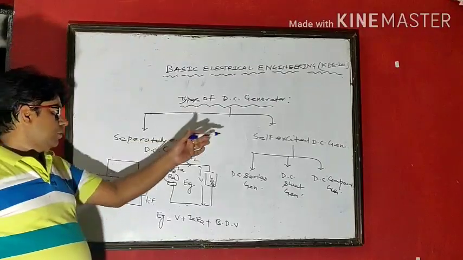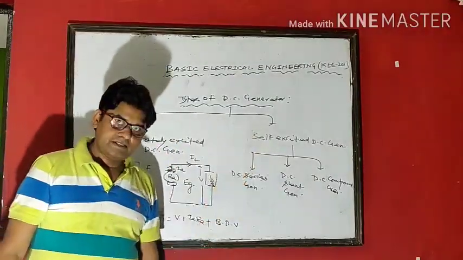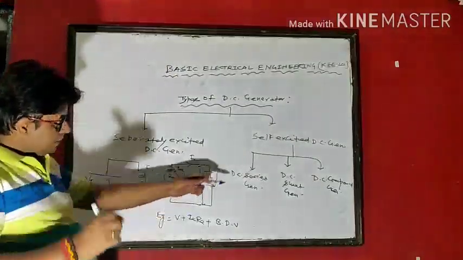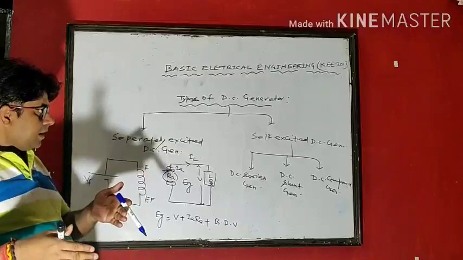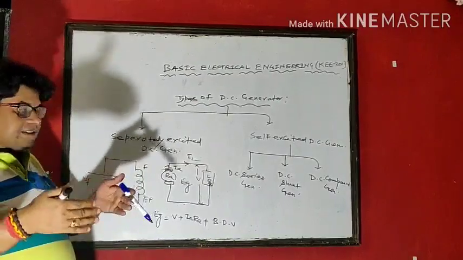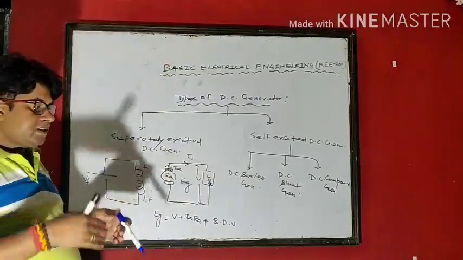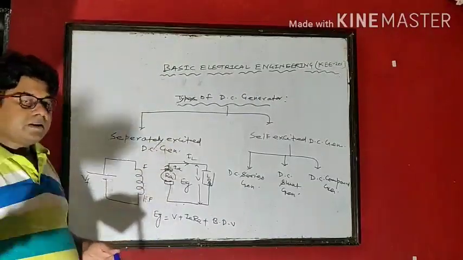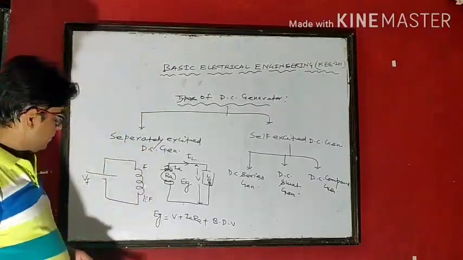In the case of both, that is separately excited and self-excited, you use the self-excited DC generator, because in self-excited the field is not separately excited, but self-excited. That means connected in series, otherwise connected in parallel. That means it energizes itself.